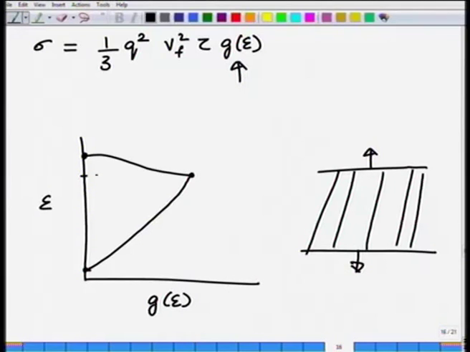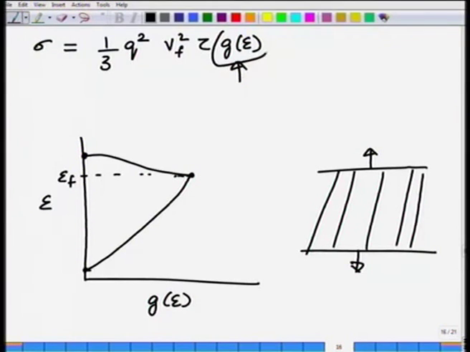In the case of monovalent metals, the Fermi energy lies somewhere here, EF, the Fermi energy for monovalent metals, for example alkali metals of group 1a, where we have only one electron, the bands are half filled. Since they are half filled, they are somewhere in the middle where the density of states is maximum. This G is maximum therefore, and hence conductivity is very high.